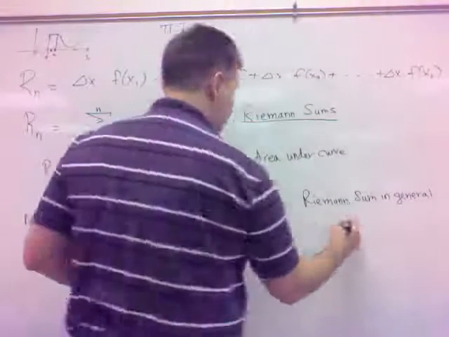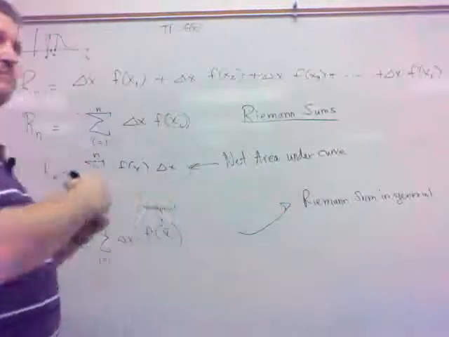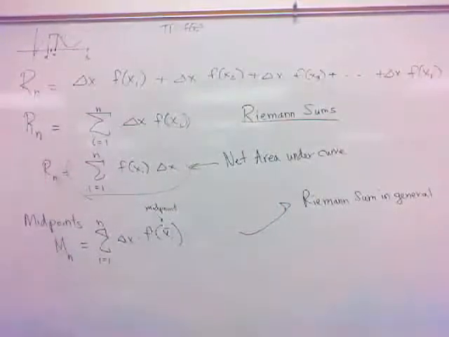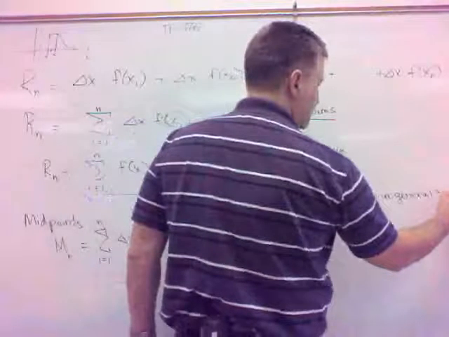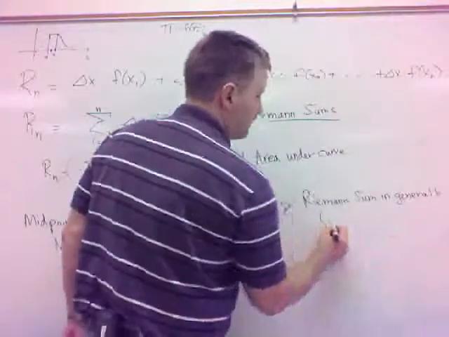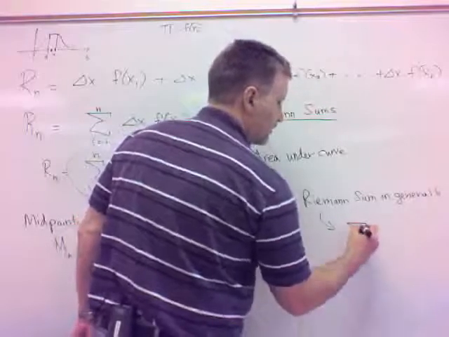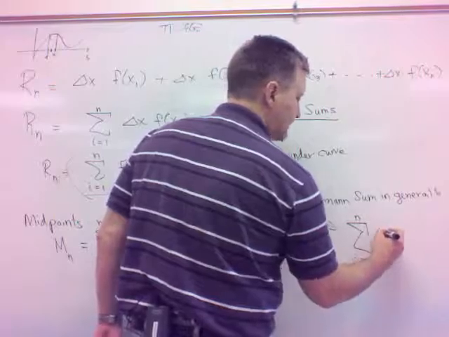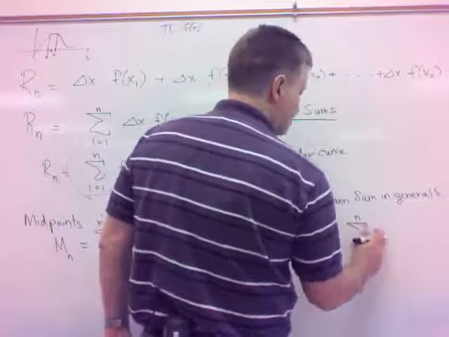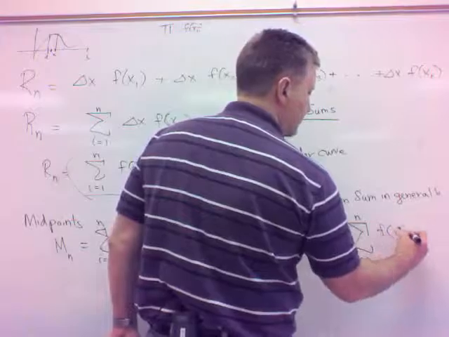But in general, here's what we can say. The Riemann sum that estimates the net area under the curve, in general, let's do it this way: the sum from i equals 1 to n of f of x sub i star times delta x.